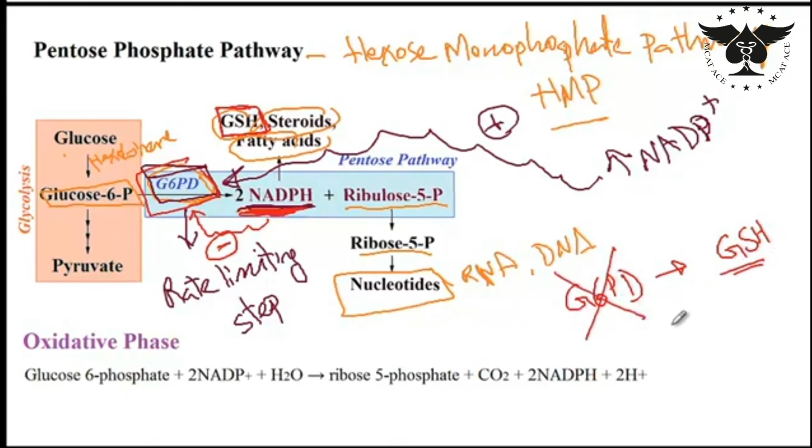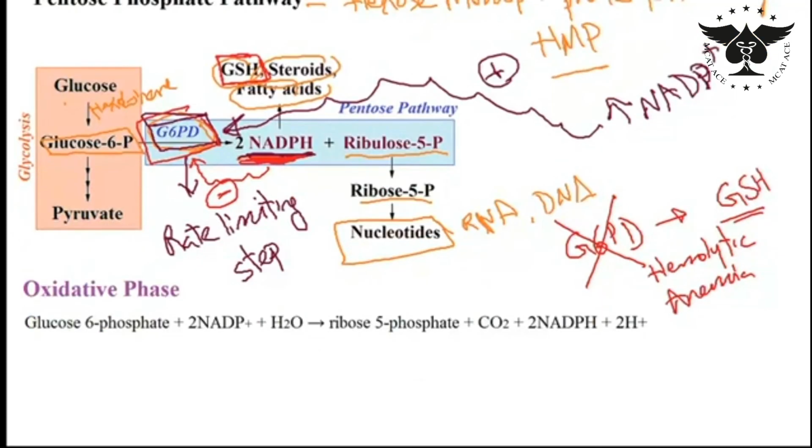They would be susceptible to attack by reactive oxygen species, and so these patients can develop hemolytic anemia from any compounds that can cause reactive oxygen species, like for instance sulfa drugs. Alright, now moving on with the pentose phosphate pathway, there are actually two different phases.